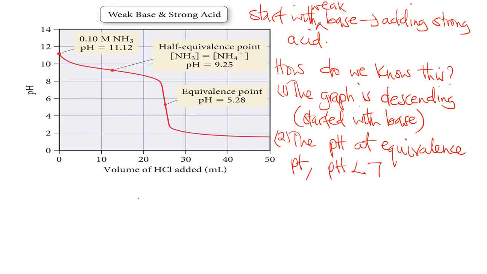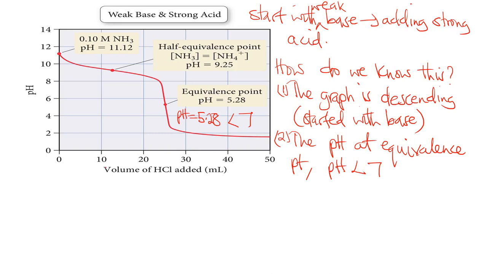So as you can see, this pH here, the pH of 5.28 is less than 7. So this tells you that you started with a weak base and then added a strong acid to that.